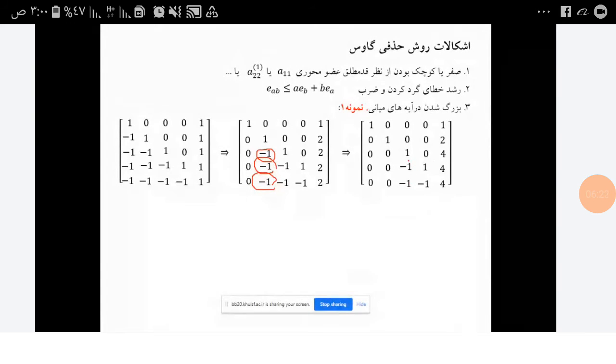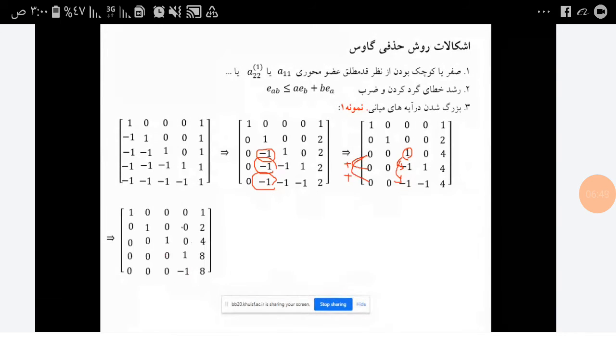Again, we use this entry to make this one and this one 0. That means we add the third row to the fourth row. Again, we add the third row to the fifth row. So we have this matrix, and finally we add the fourth row and the fifth.